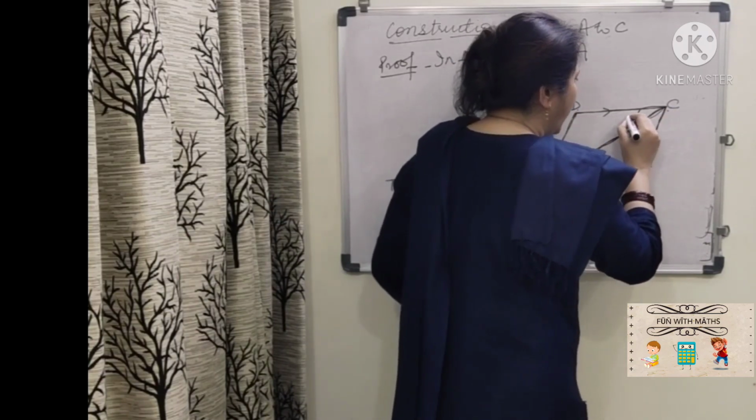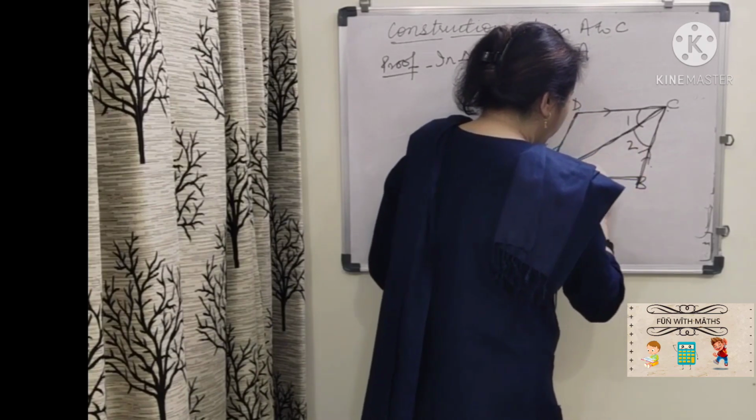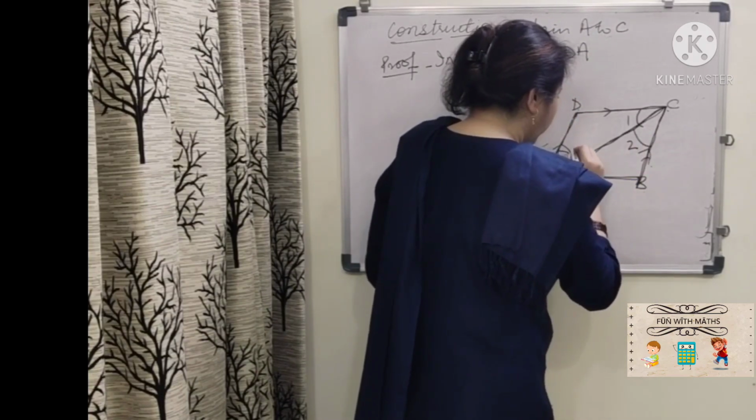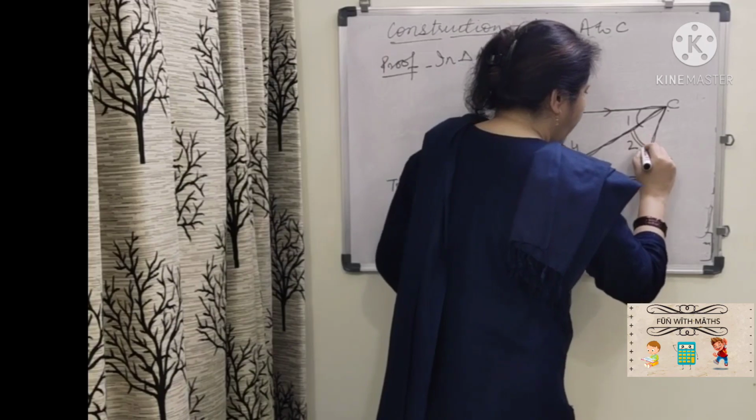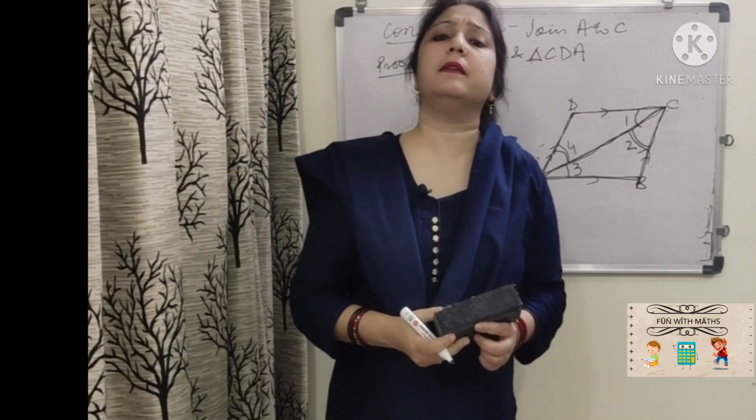So let us mark this angle as 1, this as 2, 3 and 4. So we have got two pairs of alternate interior angles.